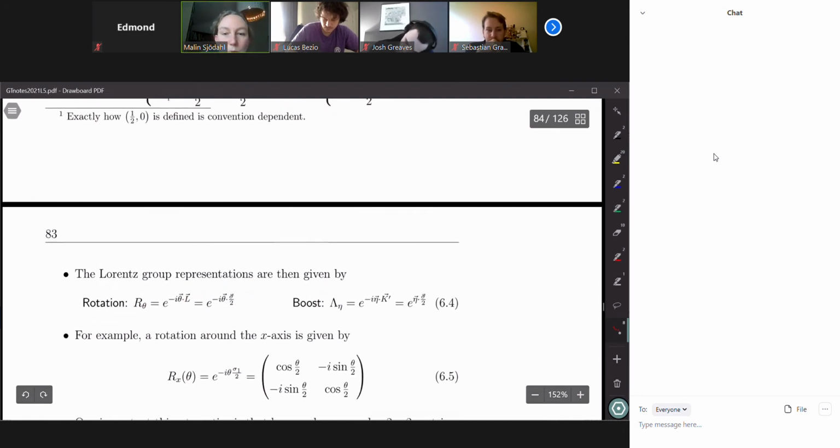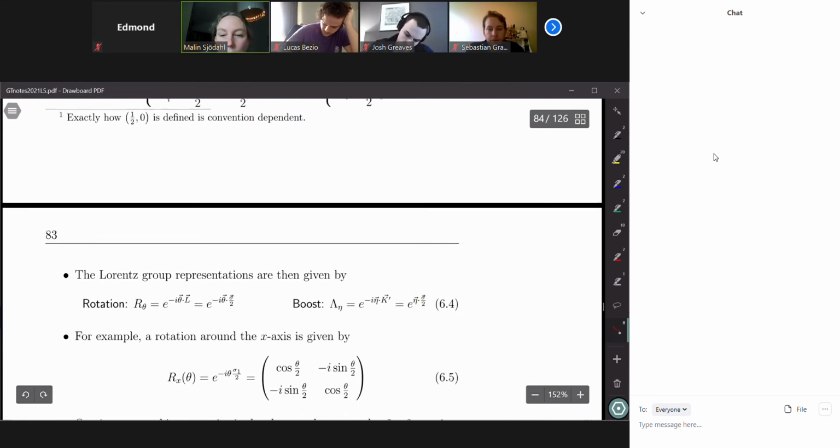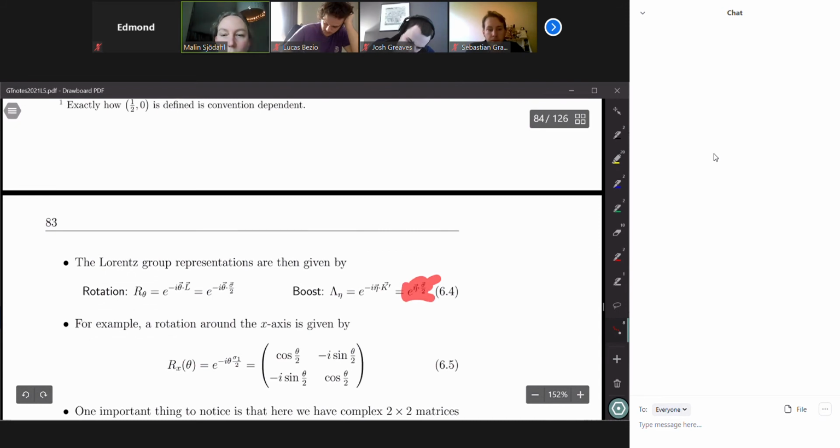Similarly, for the boost, we take e to minus i eta dot k prime, and the k prime has another i, so the i times the minus i gives us a plus, so we have e to eta sigma over 2. Note, not a Hermitian generator, or better to say, not unitary, because it's not e to i Hermitian.